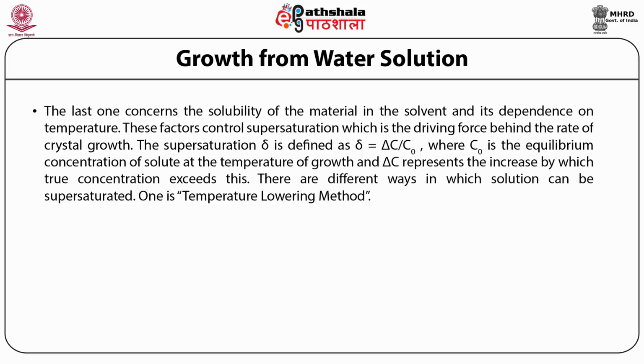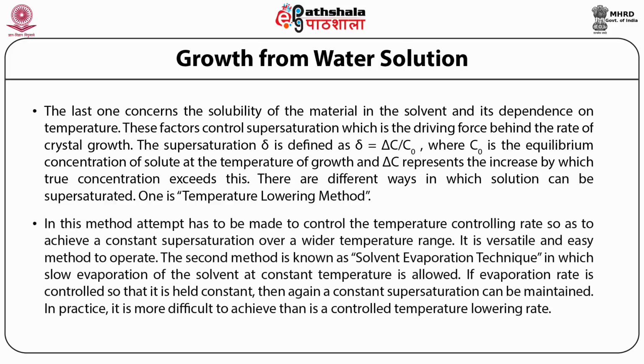There are different ways in which solution can be supersaturated. One is the temperature lowering method. In this method, an attempt has to be made to control the temperature lowering rate so as to achieve a constant supersaturation over a wider temperature range. It is a versatile and easy method to operate.